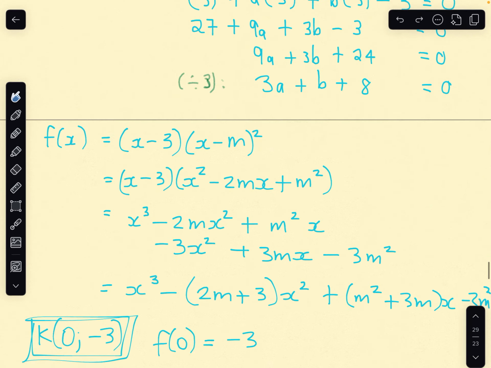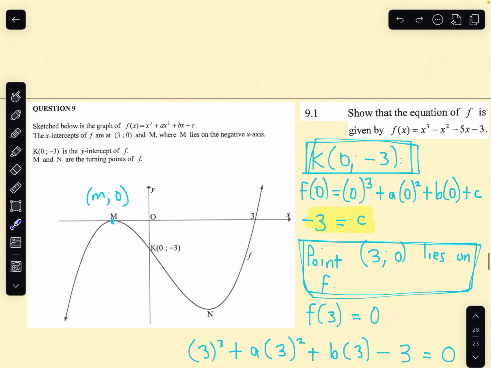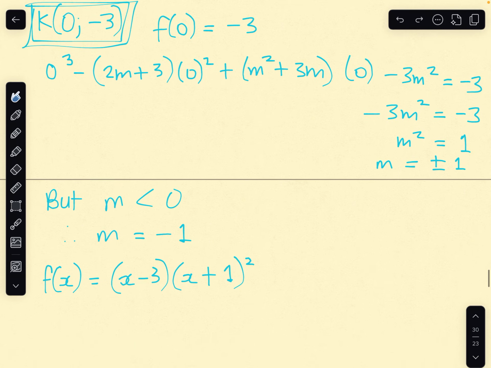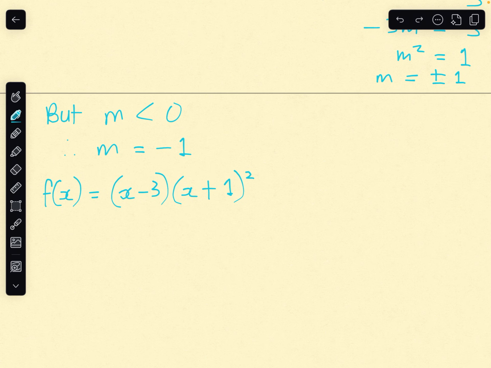And so we need to show that that is the same as that. So we're going to expand. Okay, so we have x minus 3 times x plus 1 squared. So the square of x plus 1 will be x squared plus 2x plus 1. Then we times the x through.